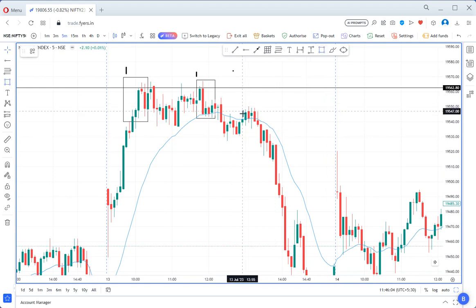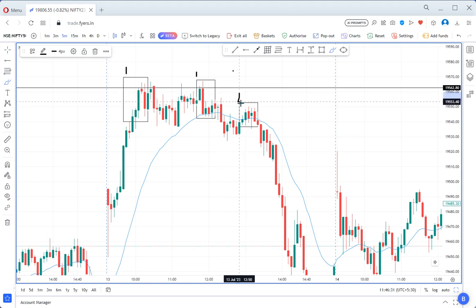If you see anywhere here, this is one important structure: three consecutive bull bars are there, but they are not getting very strong, and bear bars are closing near their low. This pattern is to be remembered. Why? Because it is a weak signal for buyers and a strong signal for sellers. These patterns result in this breakdown.